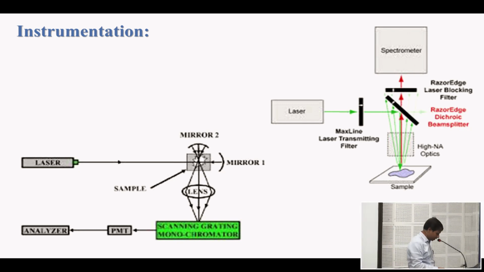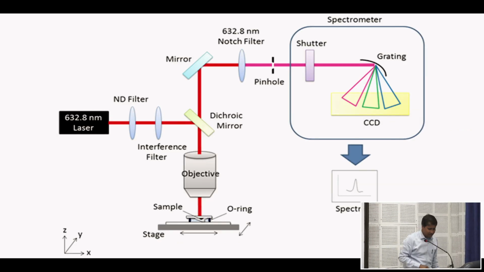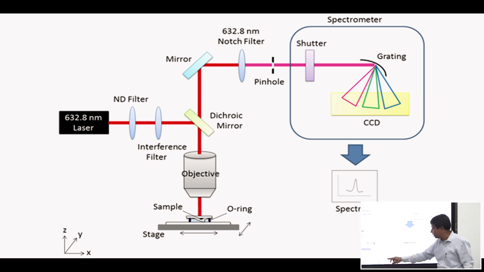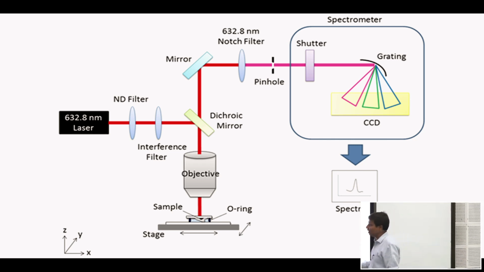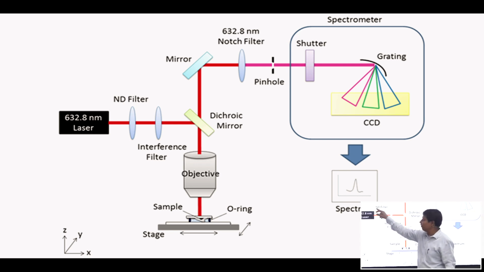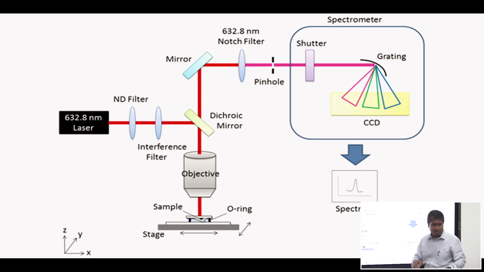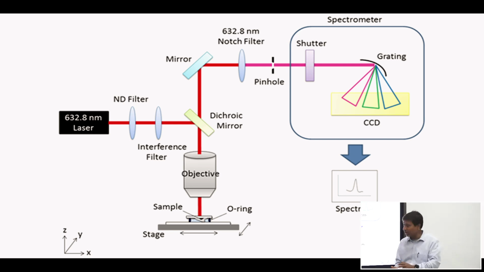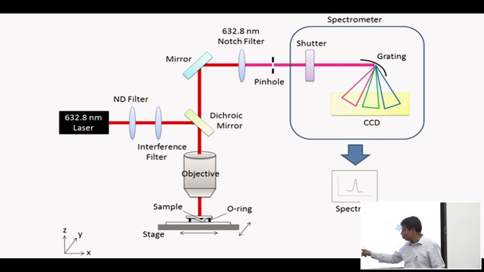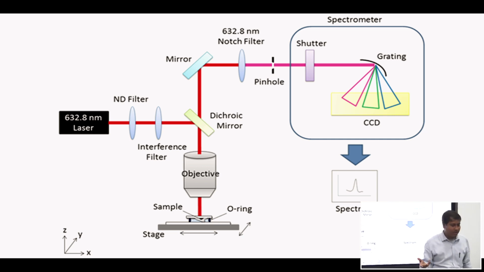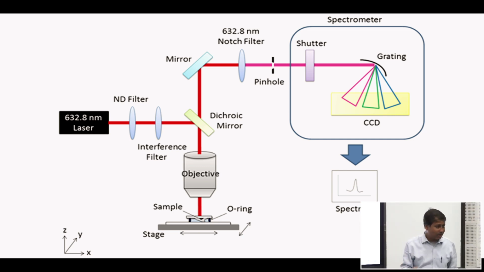This instrumentation I am sure he will be describing. Or you can have this one, which is the one I used to use. Here you have a laser excitation source. ND filter means neutral density filter, to reduce the intensity of the laser, because the laser can be very powerful and you need a very small amount on the sample, maybe an organic or biological sample.